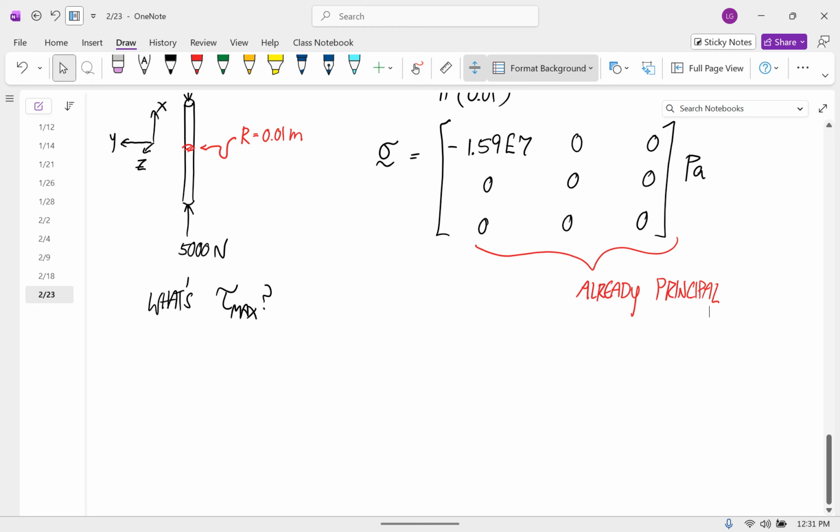And that means that we can calculate tau max as the maximum principal stress, 0, minus the minimum principal stress, negative 1.59 times 10 to the 7, divided by 2.